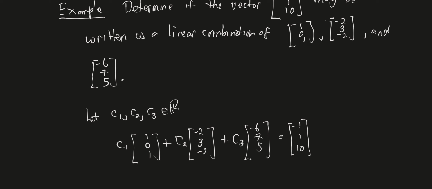If we can reach the conclusion that there aren't constants c1, c2, c3 that would satisfy this vector equation, then the answer would be no. This vector -1, 1, 10 cannot be expressed as a linear combination of these three columns. All right? Well, how do we know for sure?